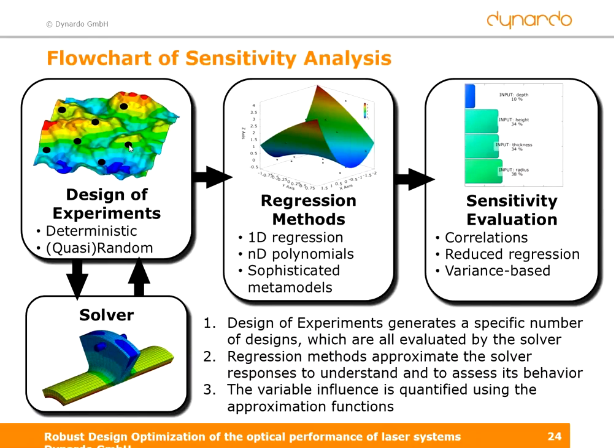So you will have a data pair of inputs and outputs that will be evaluated by a regression method. You will get, for example, a sophisticated meta model, which is included in optiSLang. And this meta model will show you the relationships between inputs and outputs. So you are able to understand which input indeed has an influence on your output and how strong this influence is, which is represented here. And this is actually the sensitivity evaluation.